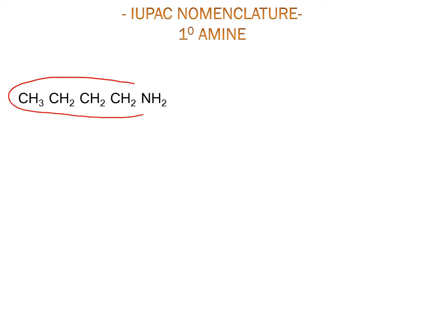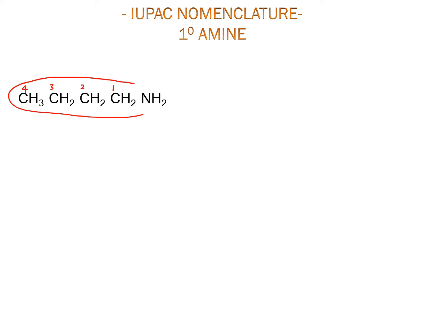So we go to the first example. Amines are named by identifying the longest carbon chain to which the amino group is directly attached. The suffix amine is labeled at the lowest carbon. So we choose the longest continuous carbon chain that contains the amino group, and then number the carbons 1, 2, 3, 4.